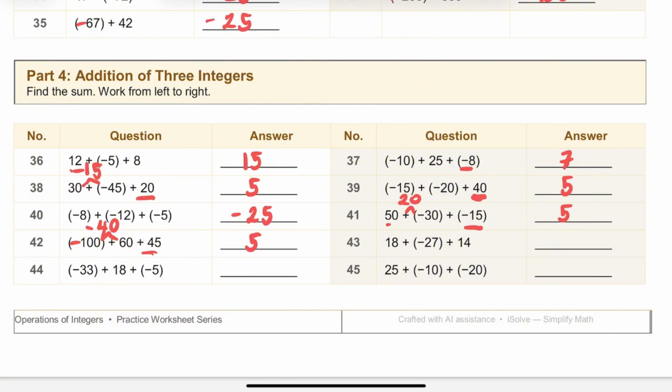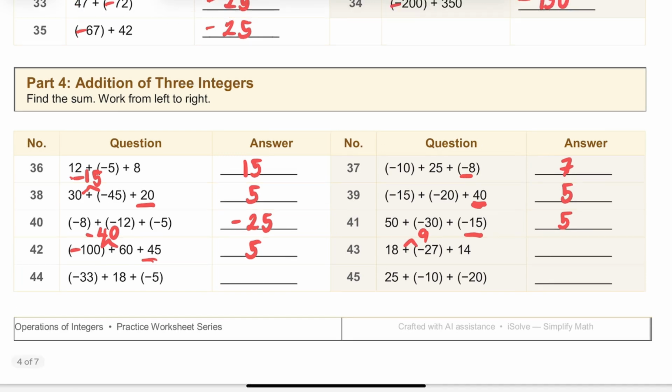Number 43, 18 plus negative 27 plus 14. 18 plus negative 27, they have different signs, so we're going to minus them. 27 minus 18 is 9. It's negative because the sign of the bigger number is negative, the 27 here.